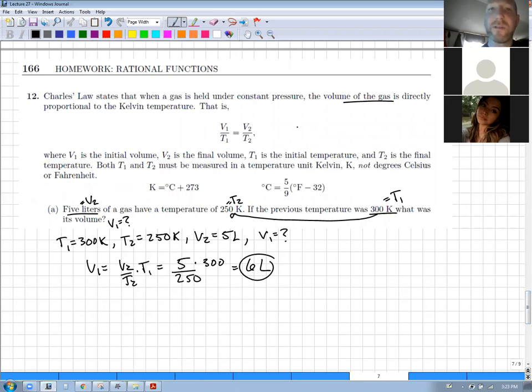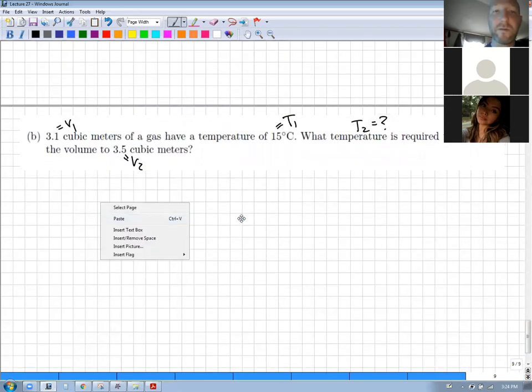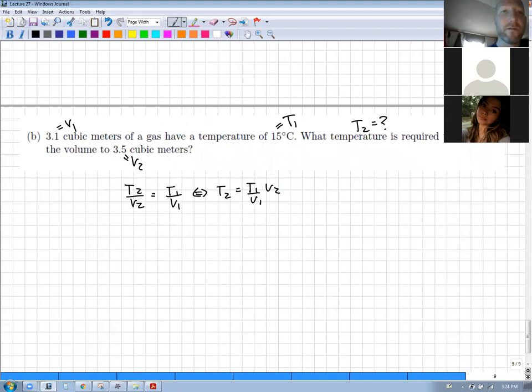We could also flip these. We could say T2 over V2 is T1 over V1. So T2 would be T1 over V1 times V2. V2 over T2 equals V1 over T1.